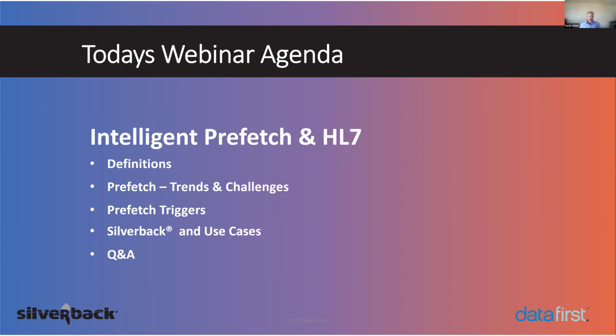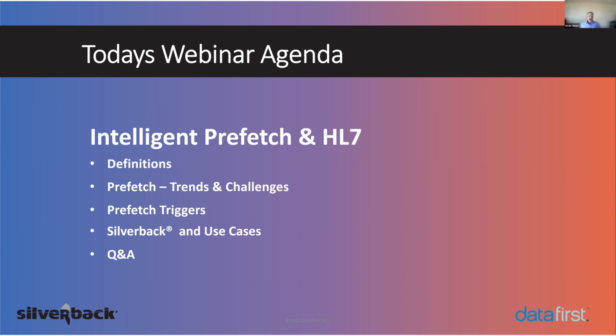In last month's series, we offered a broad introduction to the services, functions, and features of Silverback. Interestingly, following that presentation, we received a significant amount of interest in certain features, but more specifically, how our Silverback platform manages prefetching algorithms and processes.